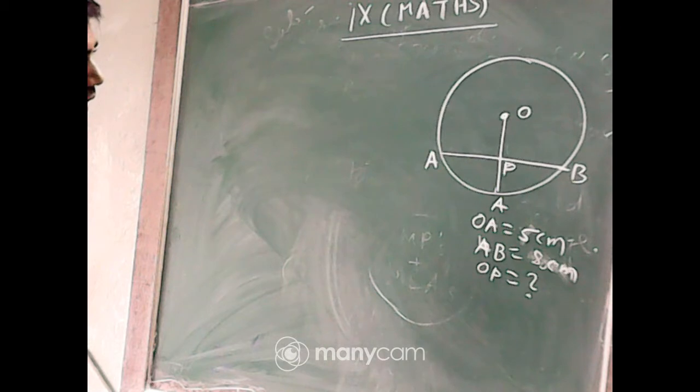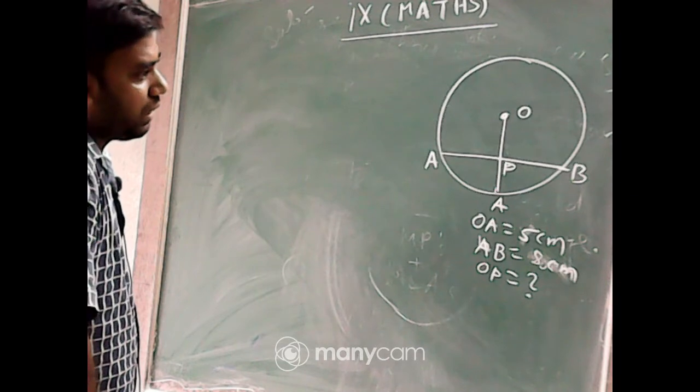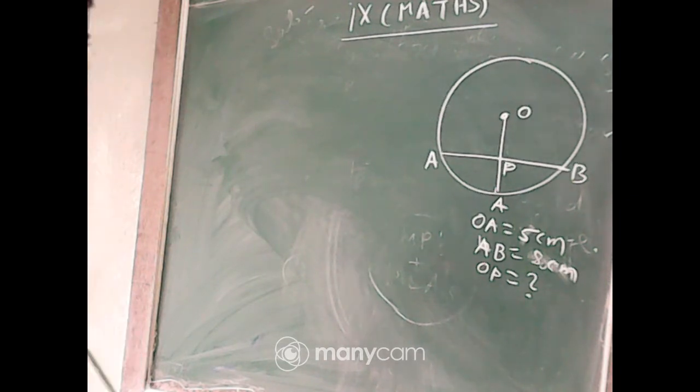AB equal to 8 centimeter. OP equal to 3 centimeter. Okay, let me check.